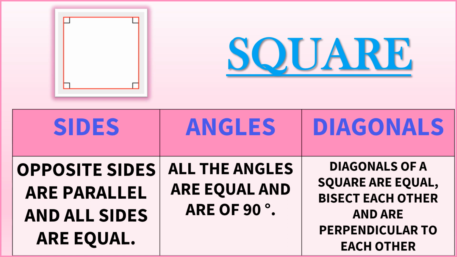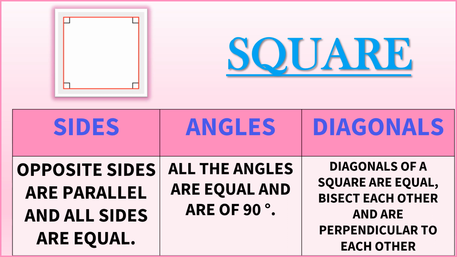And diagonals of a square are equal, they bisect each other and they are perpendicular to each other. So in a rectangle the diagonals were not perpendicular, but in a square the diagonals are perpendicular, they are equal, and they bisect each other.